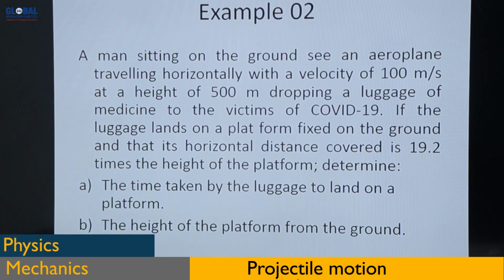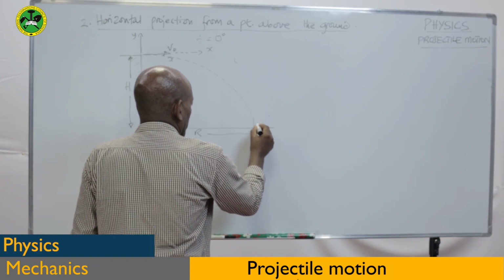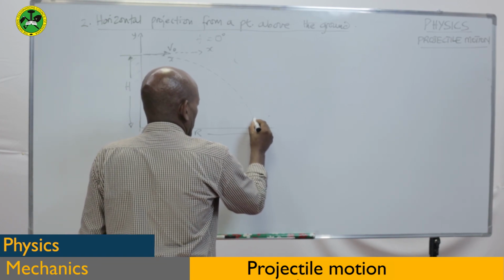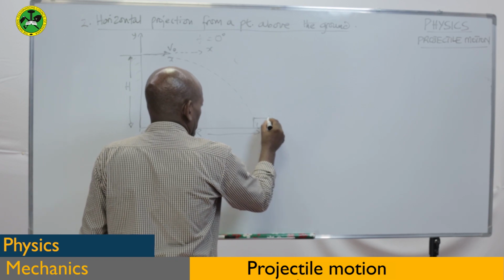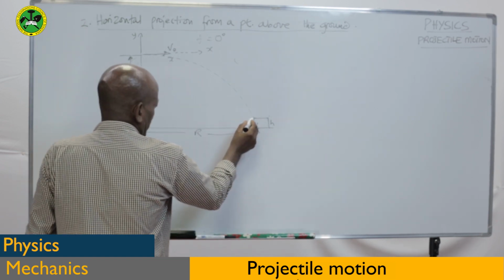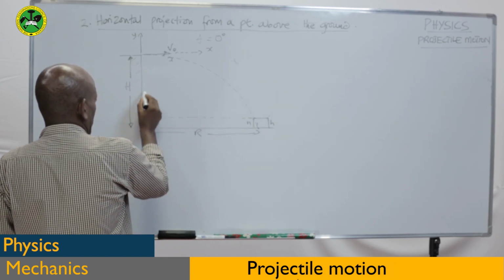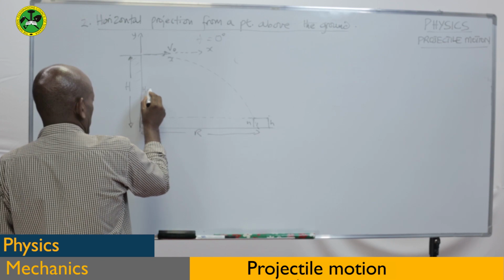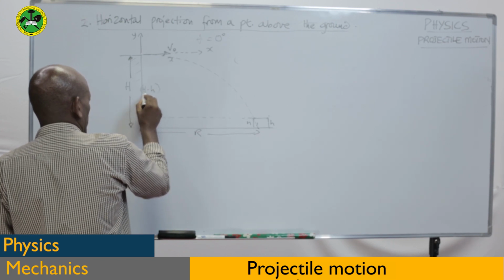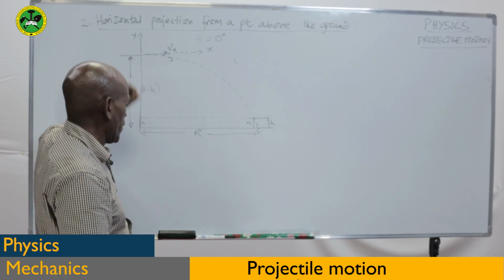We are having a platform which will be somewhere there, and this platform is at a height h. Therefore, the left height there is equal to capital H minus small h. So that is the actual height we are having.